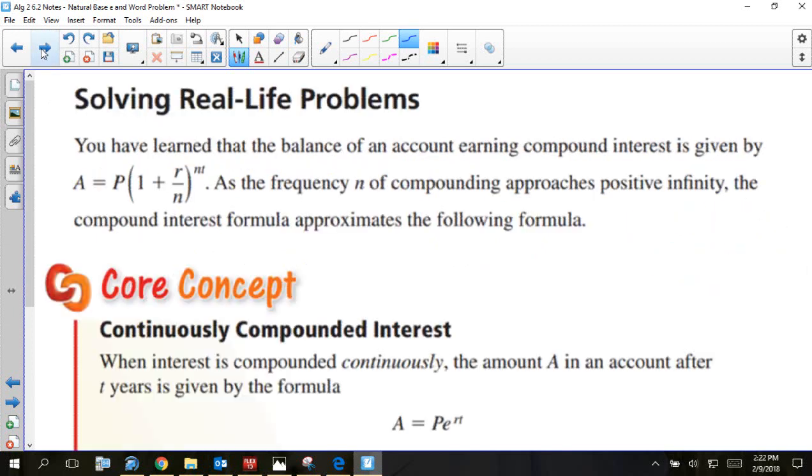Good. All right, the last example has to do with interest. So you could do compound interest monthly, like we did in our homework. You could compound interest daily. You could compound interest hourly. You could compound interest every minute. What's something smaller that we could compound interest every second?